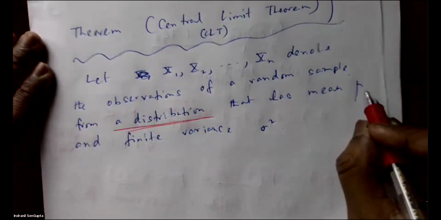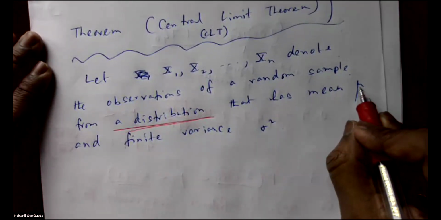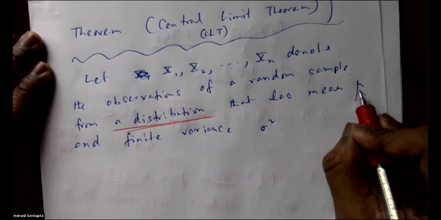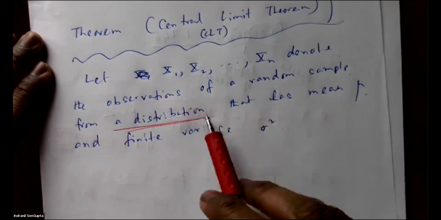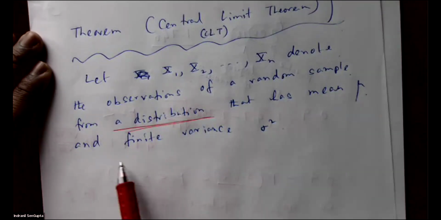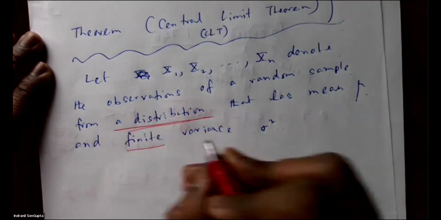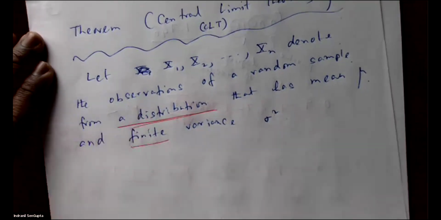But all we are assuming is that, this notation may be confusing, this mu is not the mean of a normal distribution. Whatever its expectation is, we call it mu. Whatever its variance is, and we are assuming that it's finite, we call it sigma squared.